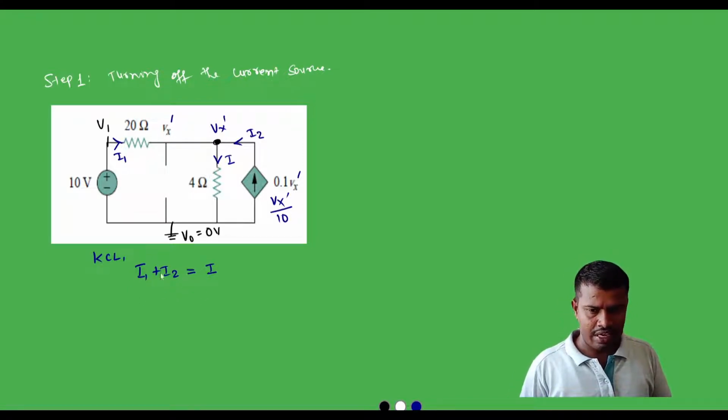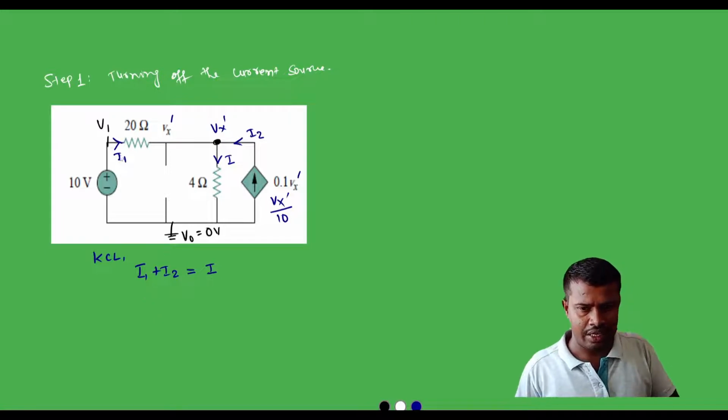Now the value of I1 can be found. I1 is the current flowing through the 20 ohm resistor, and the potential is the difference of V1 and Vx dash.